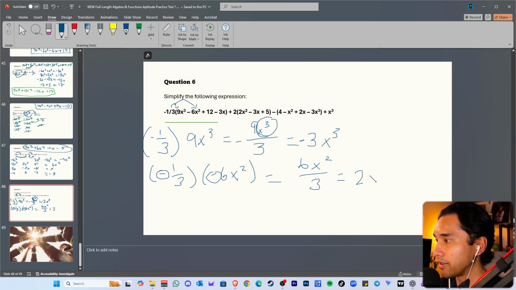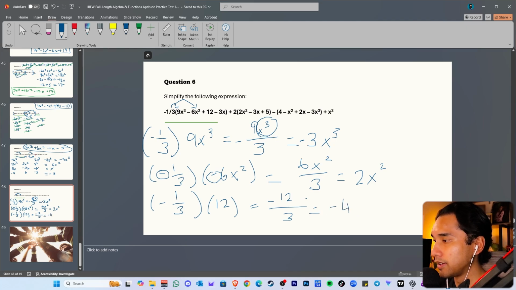Equals 2. Carry that x over, x squared, and then we have this, minus 3x cubed, and then 2x. And then again, negative 1/3 times 12. What is negative 12 divided by 3? That equals negative 4.